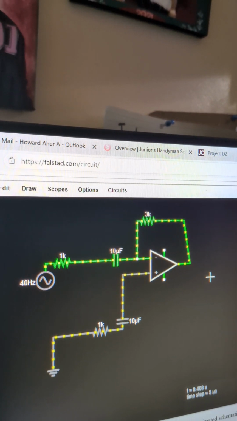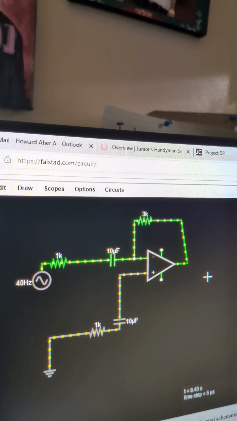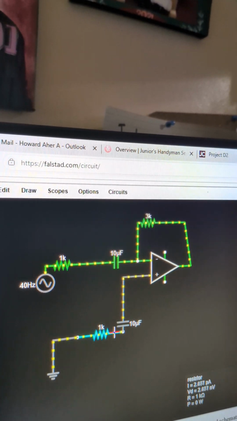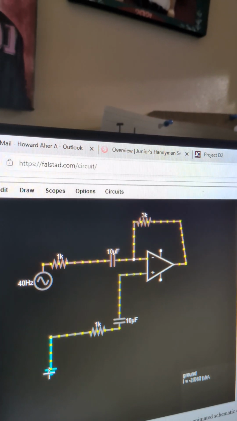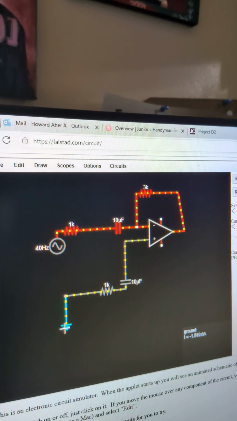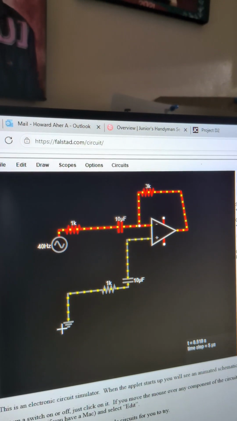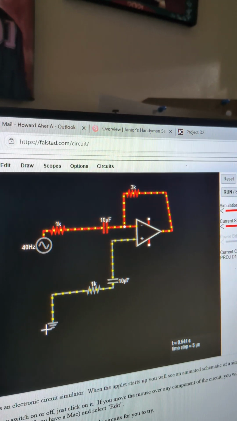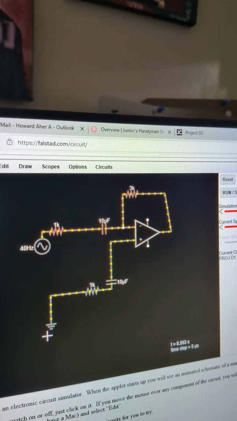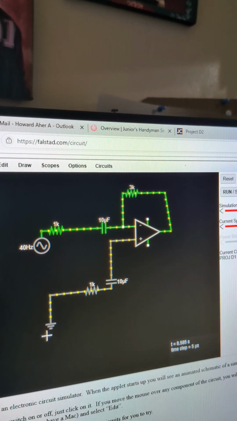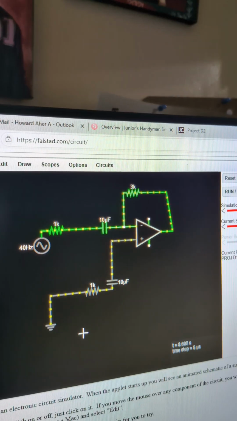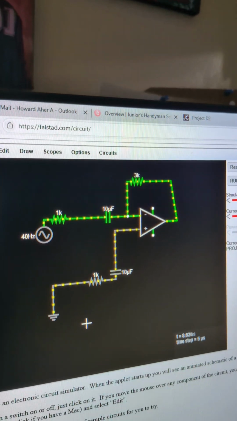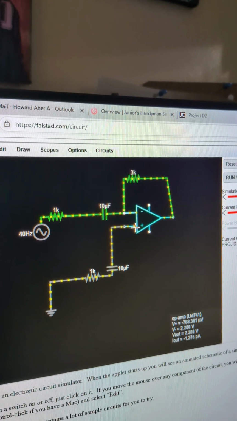Now the non-inverting input of the op-amp is connected to ground, being here, which serves as the common reference point for the circuit. The output of the circuit is taken from the op-amp's output terminal, providing the filtered signal.